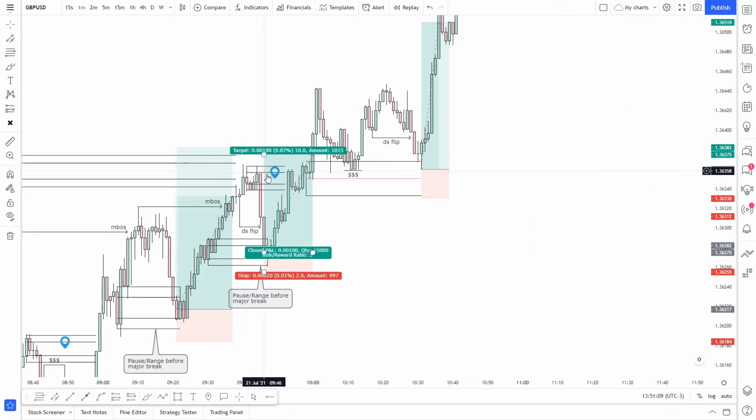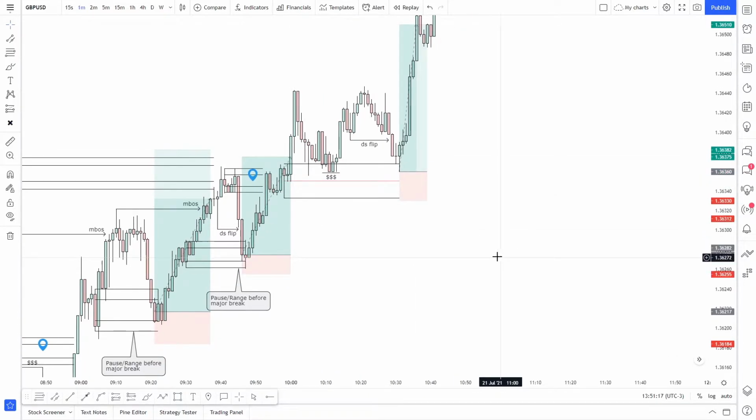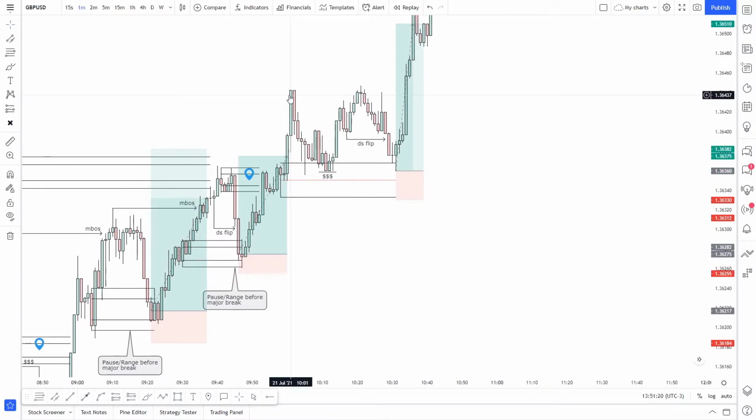We have a range or pause before that major break. It's not an area that I liked since the beginning, so I wasn't thinking about trading this. Then we create liquidity, push a little bit higher, and break that high, which gives a pretty good indication that this could be that pattern.